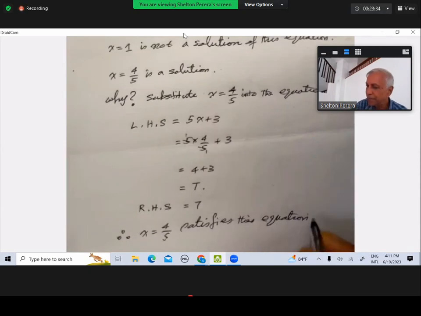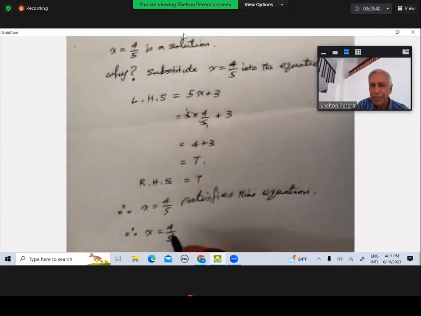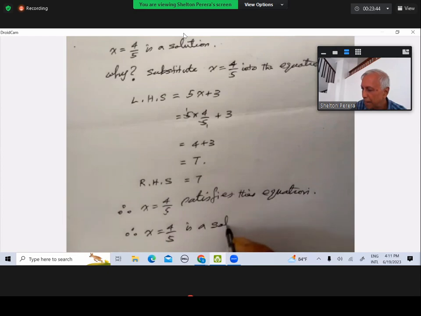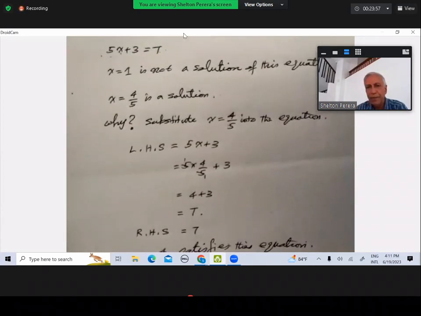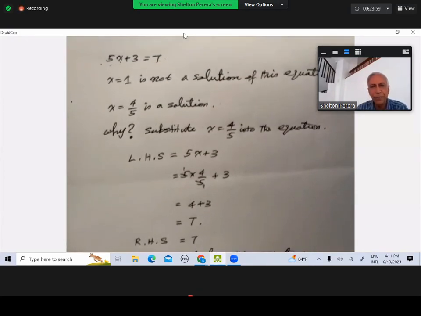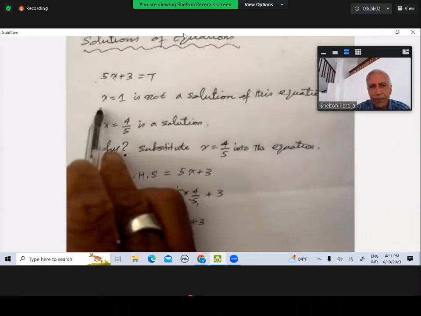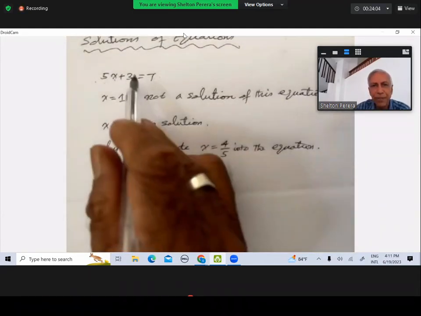That is what we mean by saying it is a solution. X equals 4 over 5 is a solution. Okay, Tamil speaking students. Understand what a solution is. It's a value that satisfies the equation when we substitute that value into the equation. X equals 1 is not a solution of this equation.